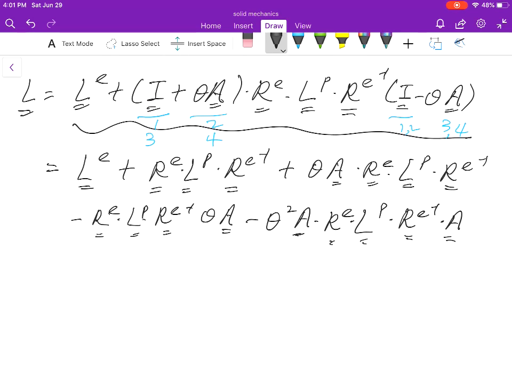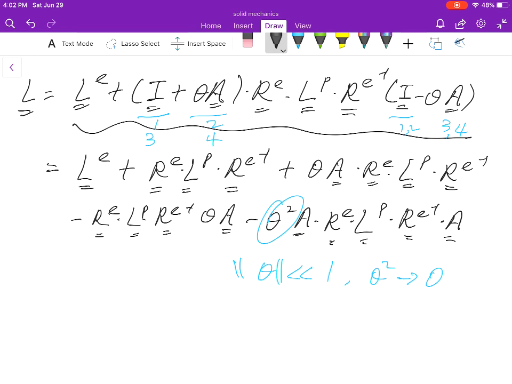And here, let's use our assumption. Because our assumption is that the elastic strain is small, what we have here is that this is further less than 1, and also because of this, we get this is about 1.